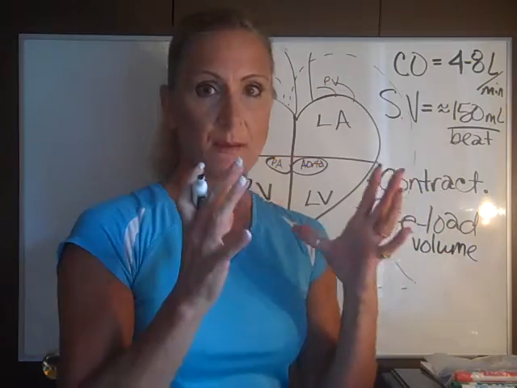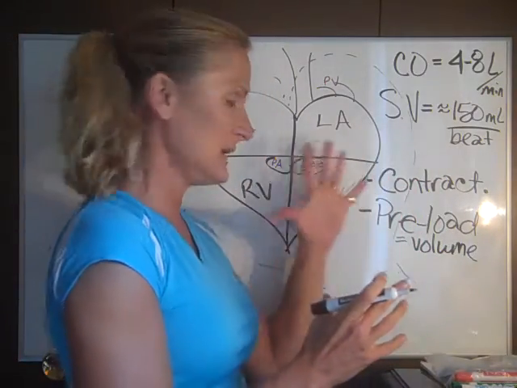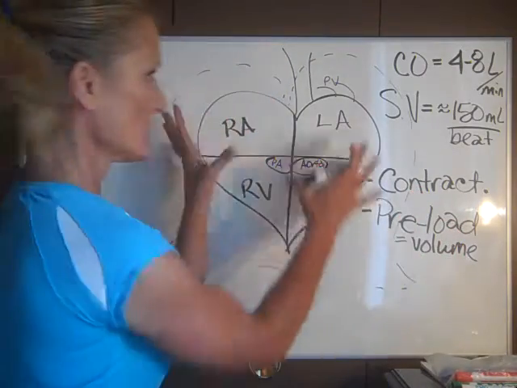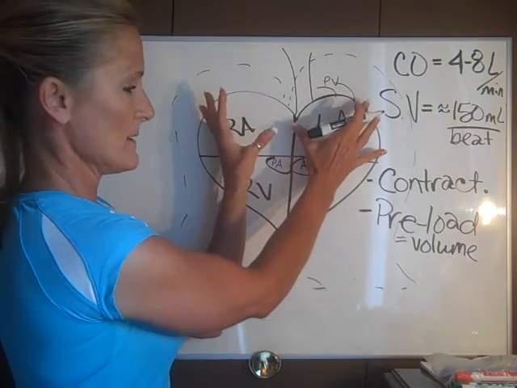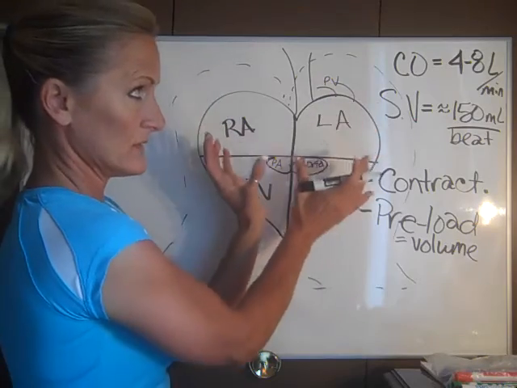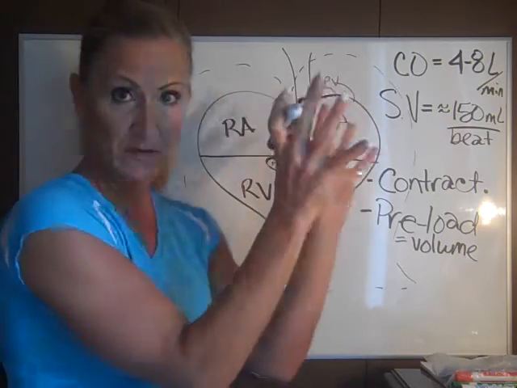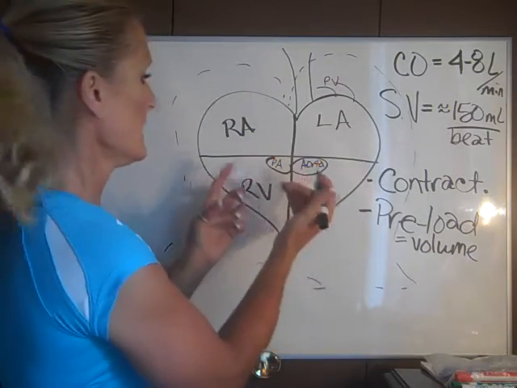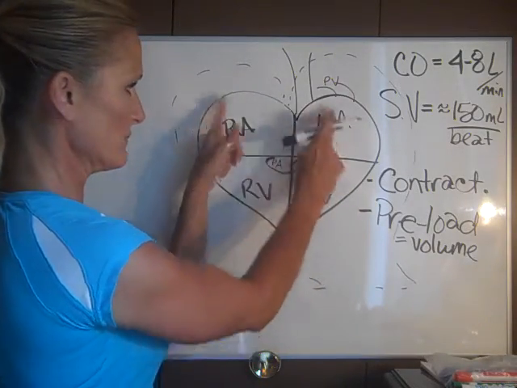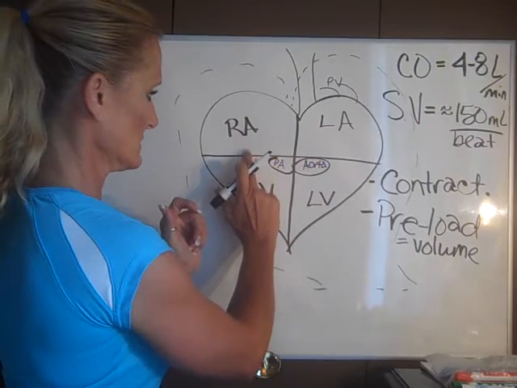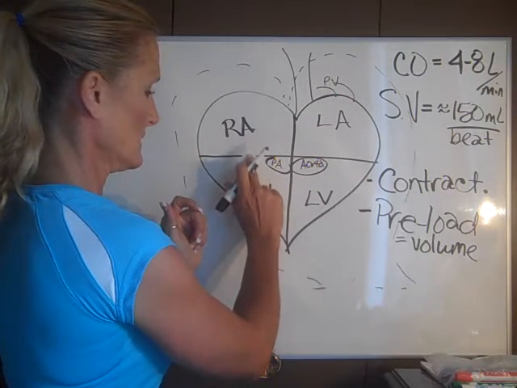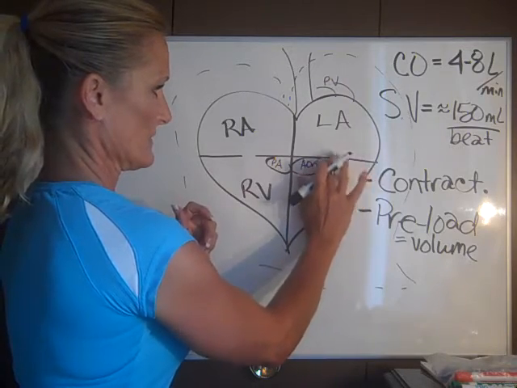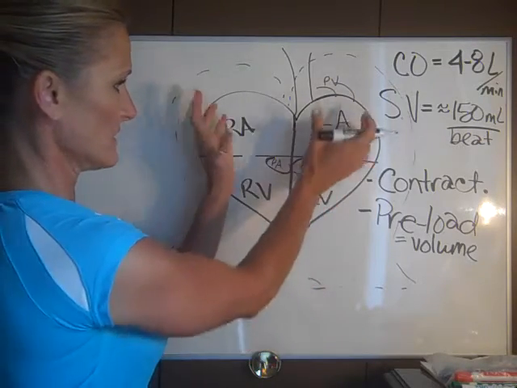Preload is the amount of fluid in the ventricles at the end of diastole. So during diastole, when the atria are dumping their blood into the ventricles, the mitral and tricuspid valves are opened up.